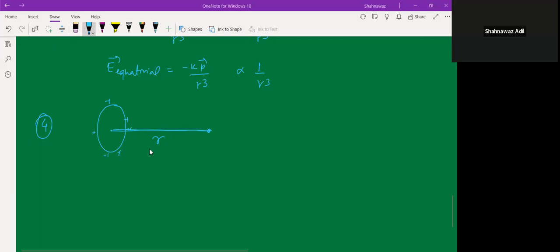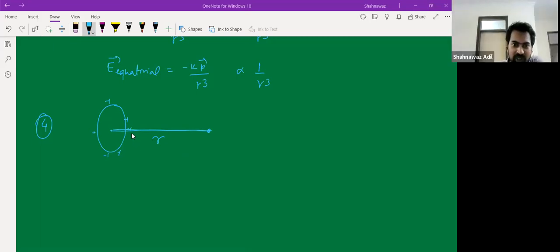Yes, sorry about that. So what I was saying, we need to calculate the electric field. The radius of this ring is, let's say, R, and let me write this. So we will calculate the electric field due to this.